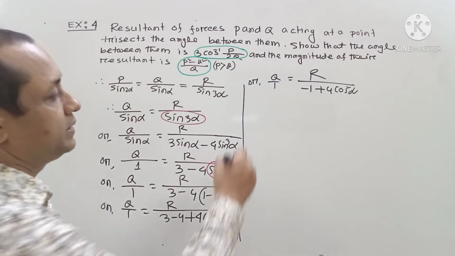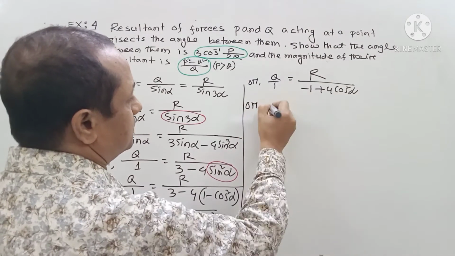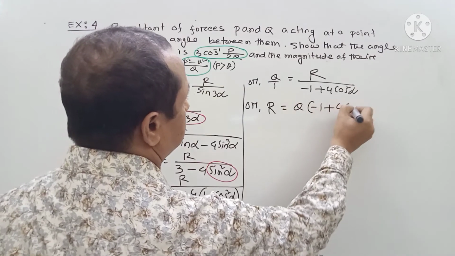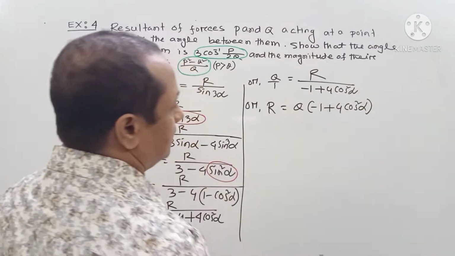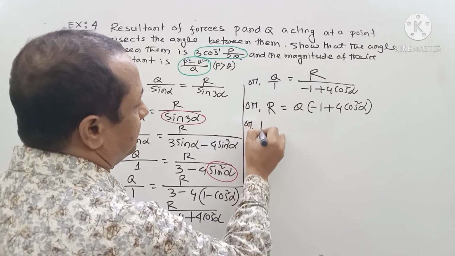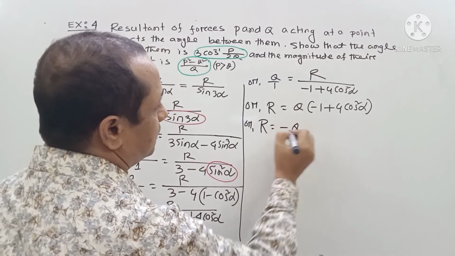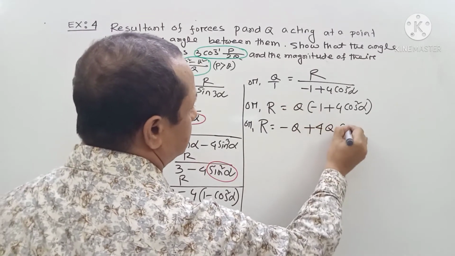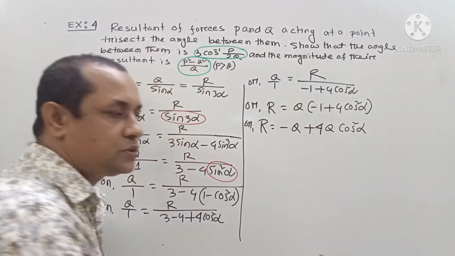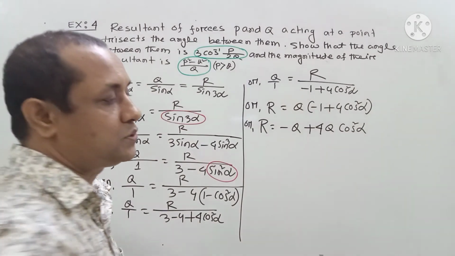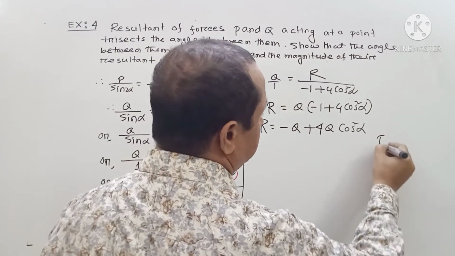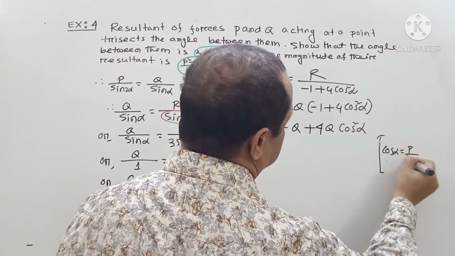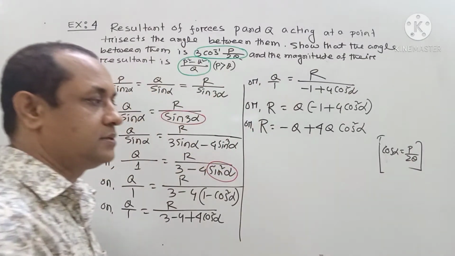Now by cross multiplication we get R equals Q into minus 1 plus 4 cos square alpha. So student, here R equals minus Q plus 4Q cos square alpha. Here cos alpha equals P by 2Q from the first condition.